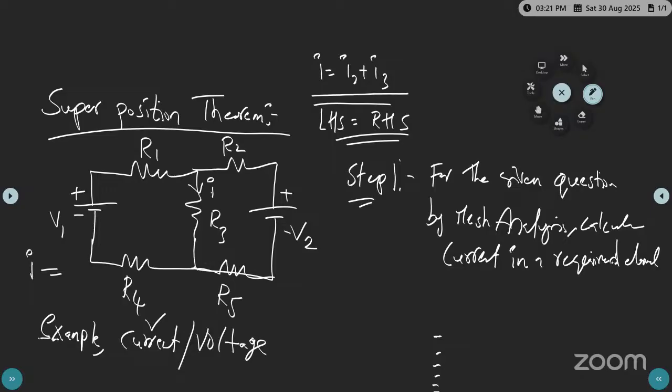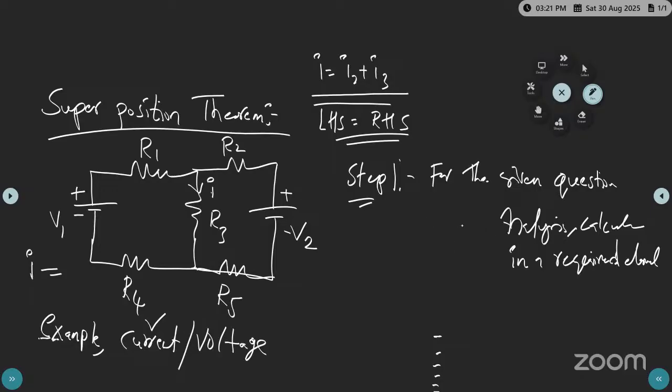Required element. That will become LHS. Okay. Response in any element, that is nothing but current in any element. LHS is equal to now. Okay. This is the step 1. Right. Step 2.